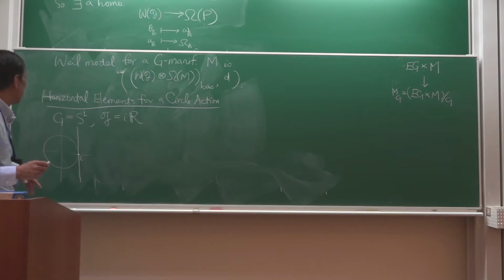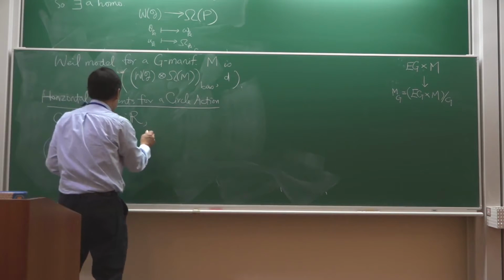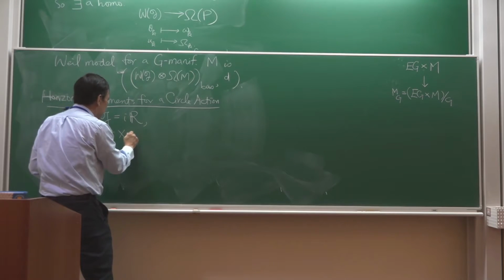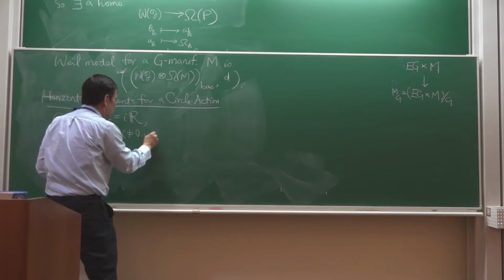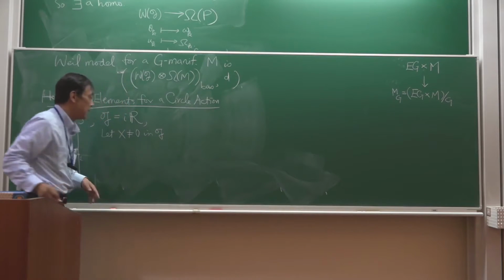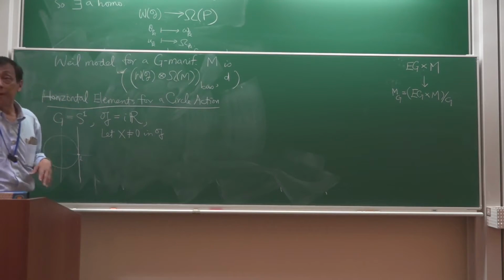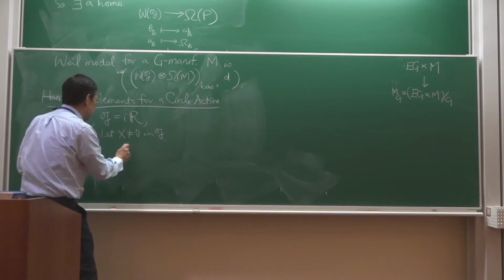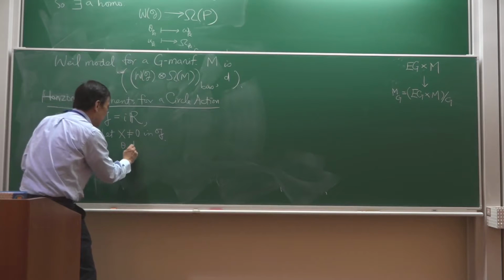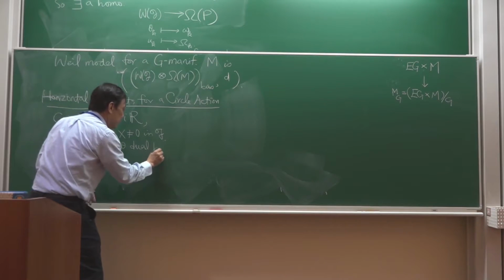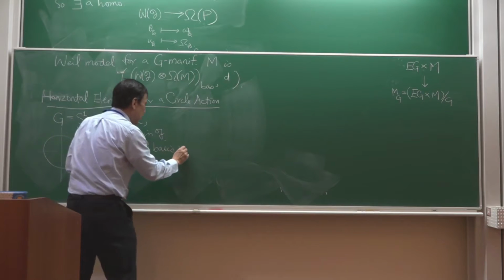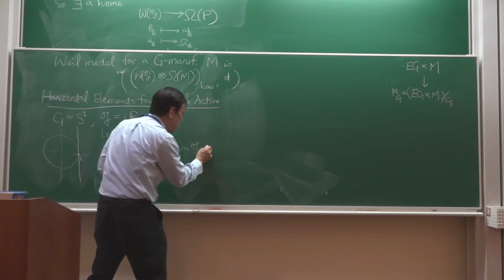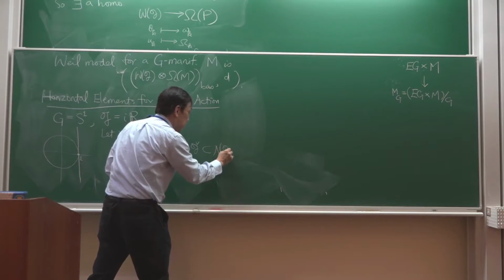And then we let X be a non-zero element in g. Then it's a basis of the Lie algebra. And so theta is the dual basis in g dual in the exterior part.